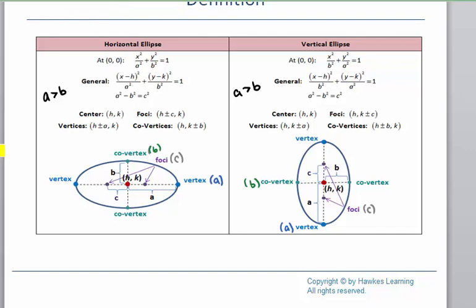Okay, so let's begin with our general formula. So we definitely need to know this formula here. And what I want to do is compare that formula to the formula here.